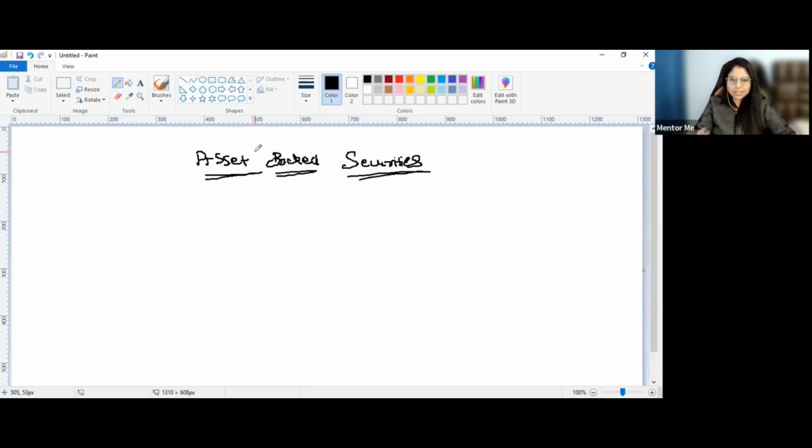So let's take an example of a bank, right? So let's say we have a bank. Okay, now bank has a portfolio of loans that the bank has given. Okay, so bank has given a lot of loans.